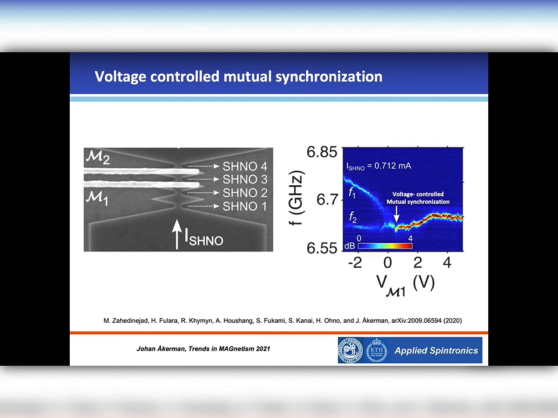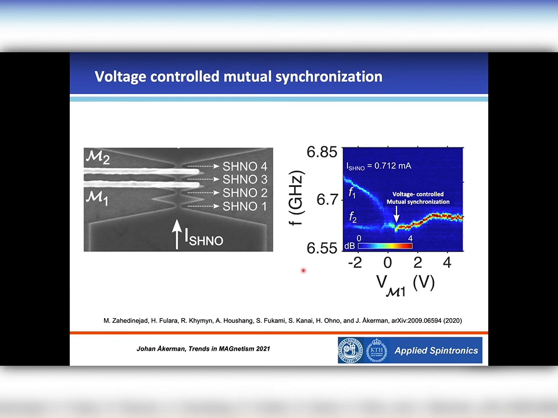So this particular plot first shows at negative voltages on M1, we have one frequency which we call F1, and which we can show belongs to spin-Hall nano-oscillators 3 and 4. They are mutually synchronized together, but they are separate from nanoconstrictions 1 and 2, which make up the signal F2.